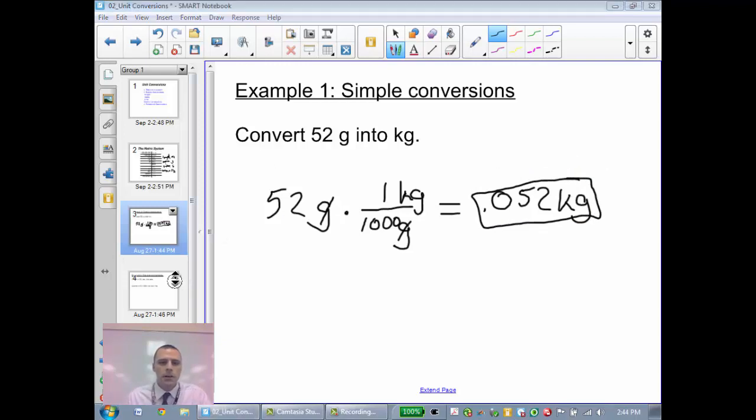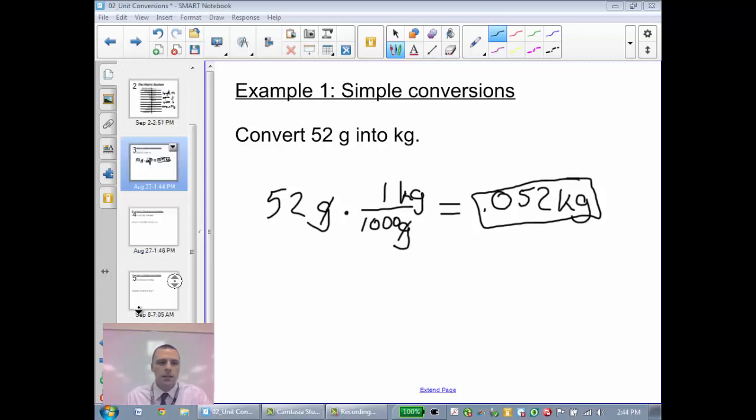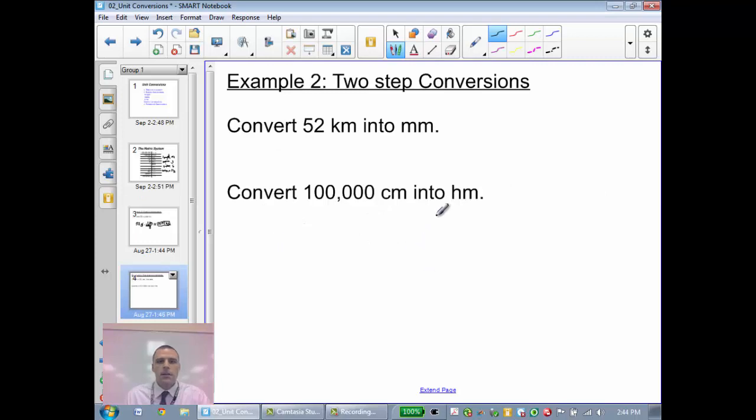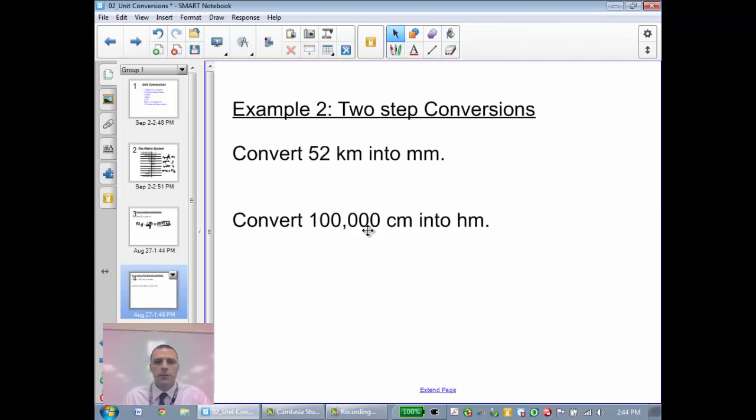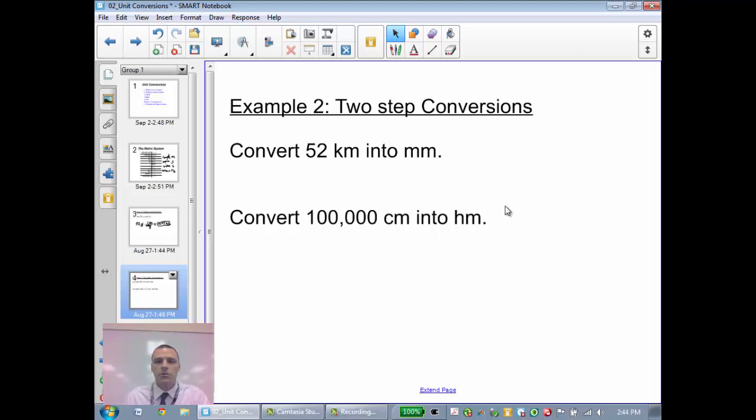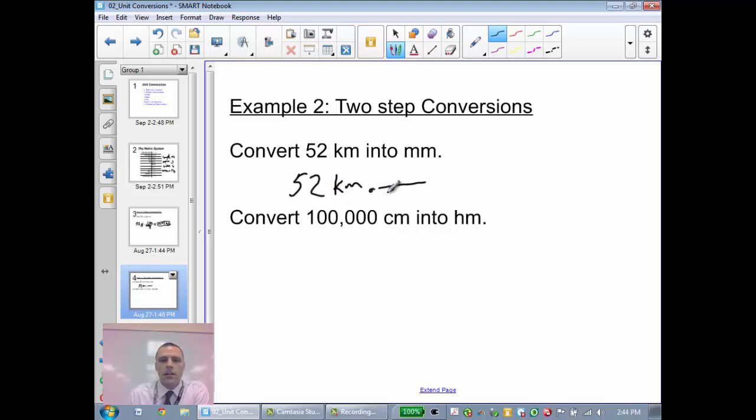If we are dealing with a unit conversion that's a little bit more complicated, such as 52 kilometers into millimeters, we would have to do 2 conversion factors. So I'll try to do this one out. 52 kilometers, and in 1 kilometer there are 1,000 meters.